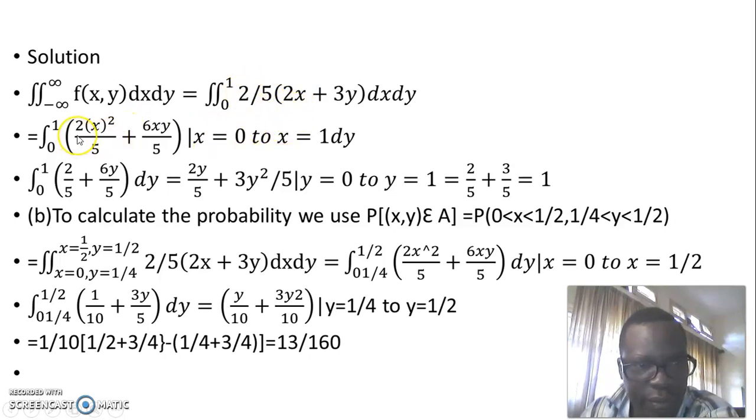So we shall have 2x squared over 5, plus, if we integrate this one with respect to x, we shall get 3y x squared out of 5.